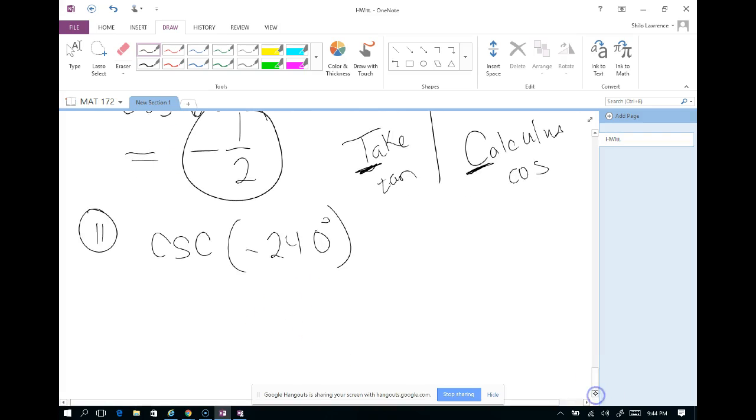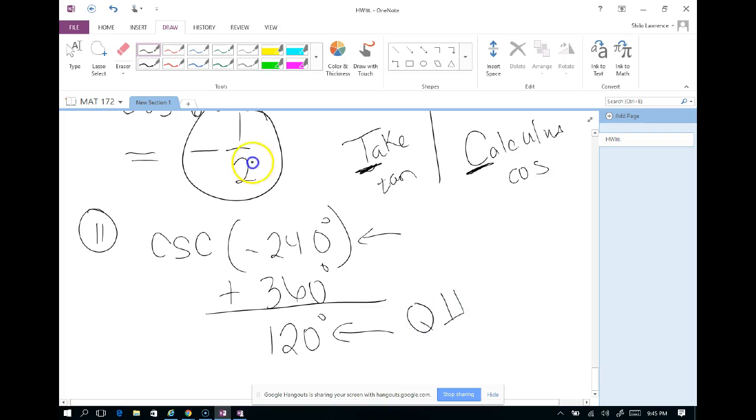So anytime you have a negative angle, to find a coterminal angle, we're going to add 360. And we did that in the very first problem when we had negative 300. So negative 240 plus 360 is 120. So this angle goes clockwise around the plane and stops at 120. 120 is in quadrant 2.